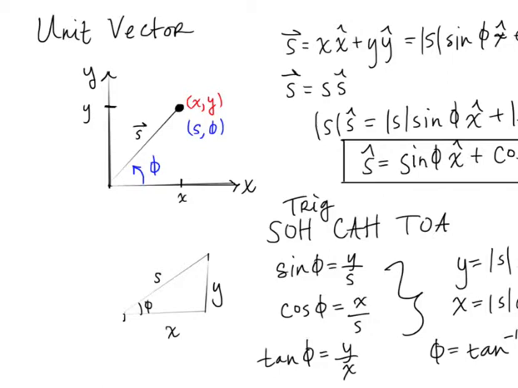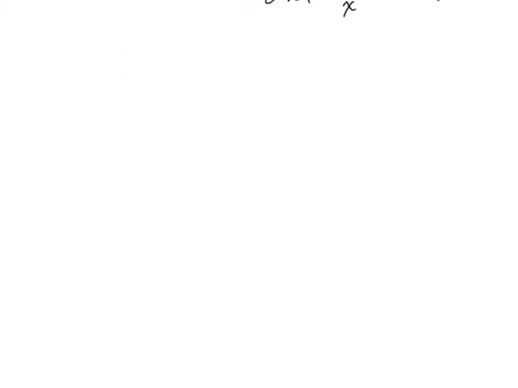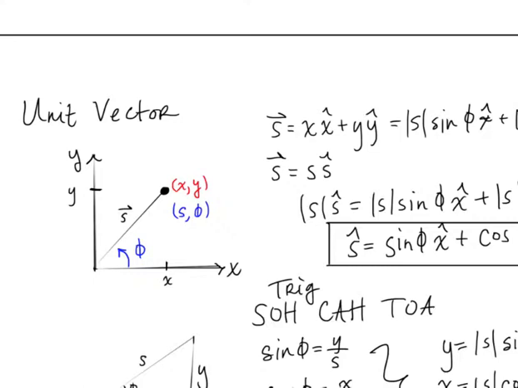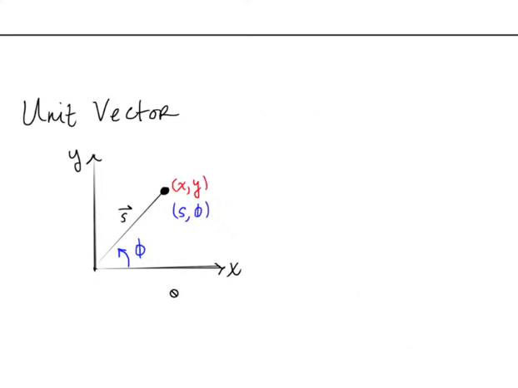Now what we want to do is solve for phi-hat. So how do we find phi-hat? We know that s-hat is in the increasing positive direction. We know that phi-hat by definition is perpendicular to s-hat.